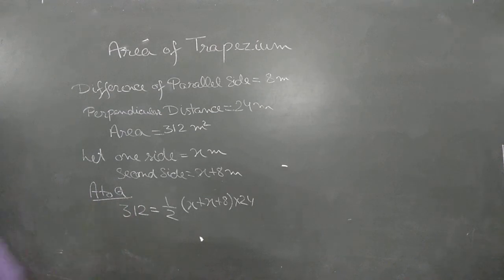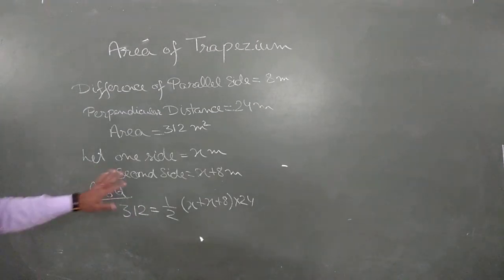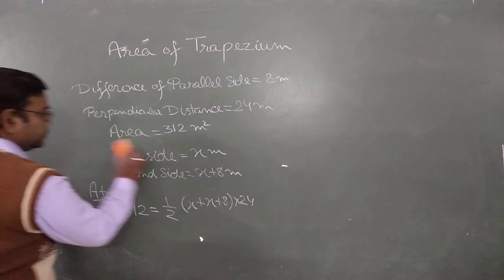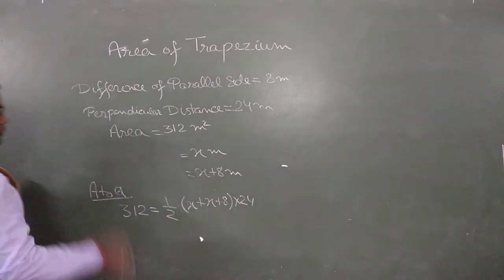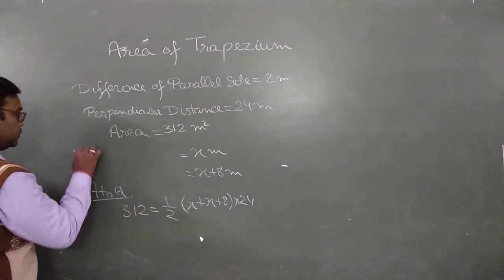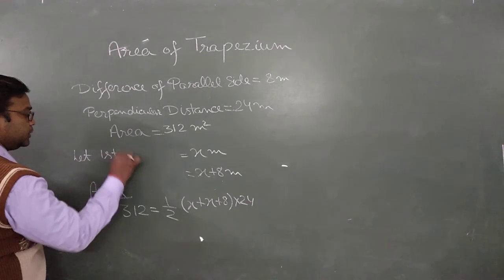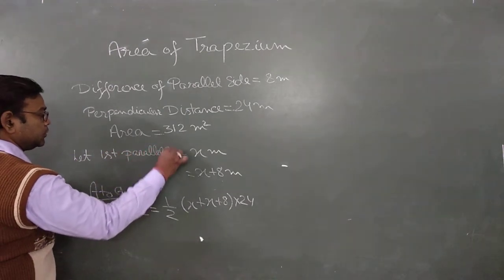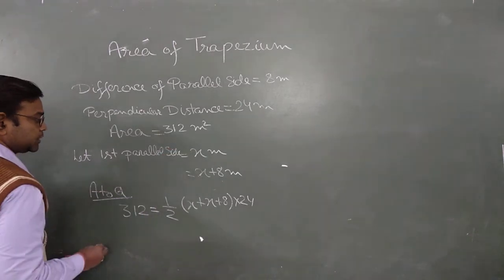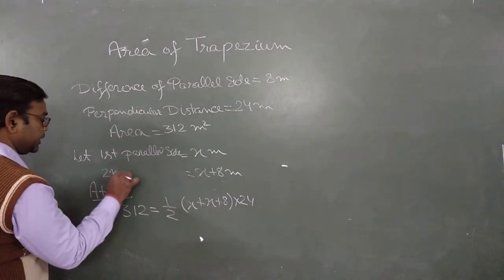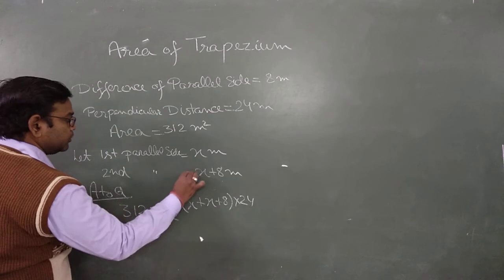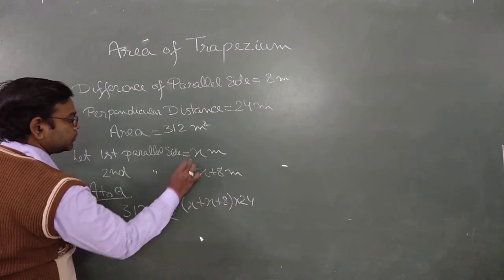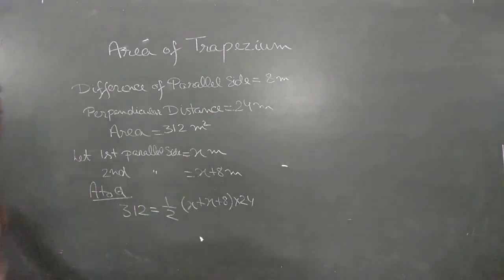Let the first parallel side equal x meter. Therefore the second parallel side equals x plus 8 meter.